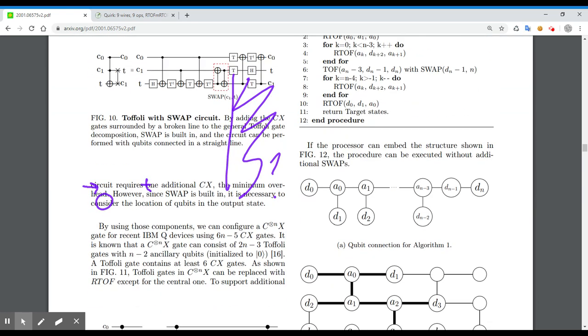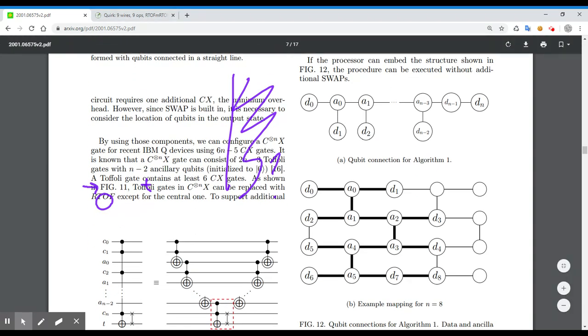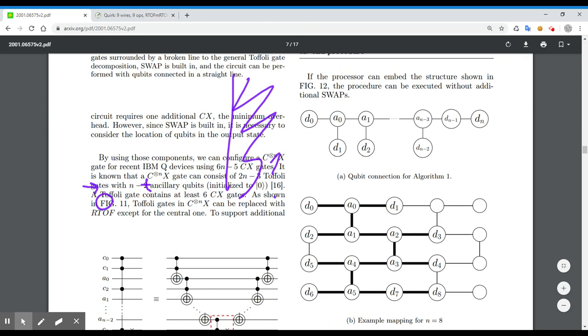If I use this component, I can use gates.